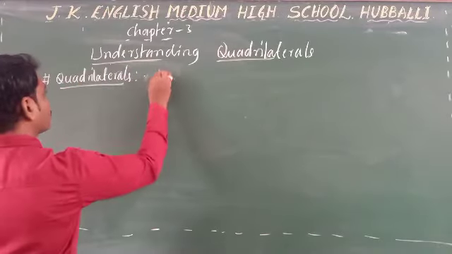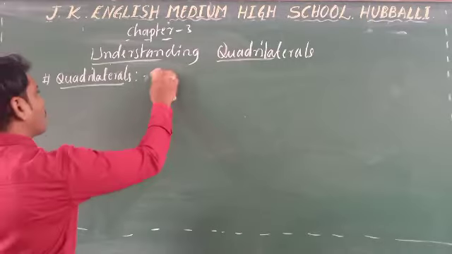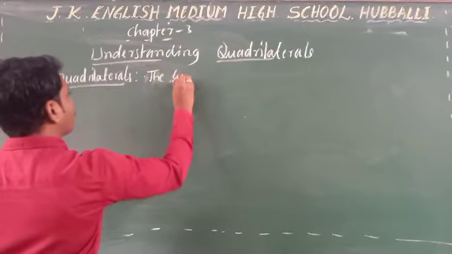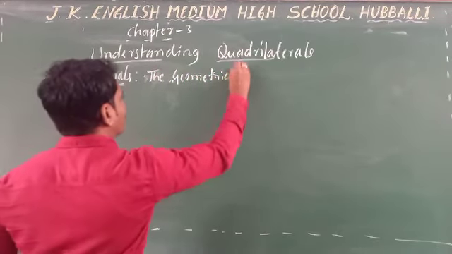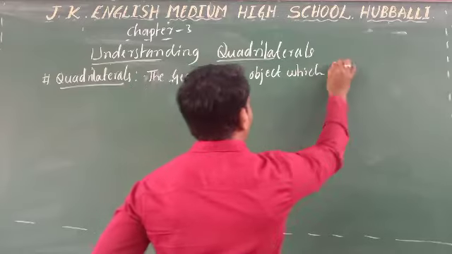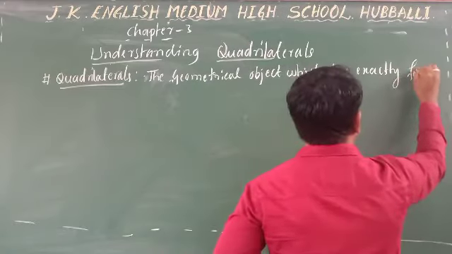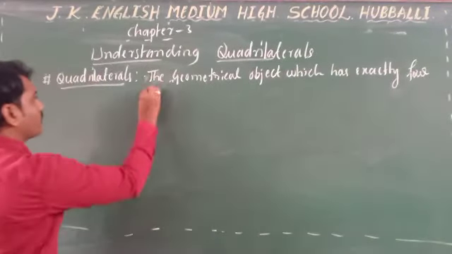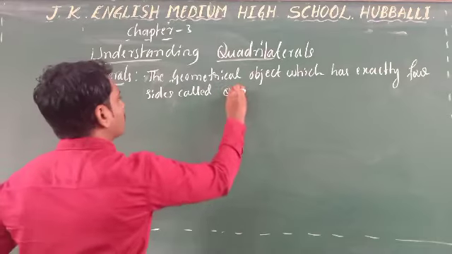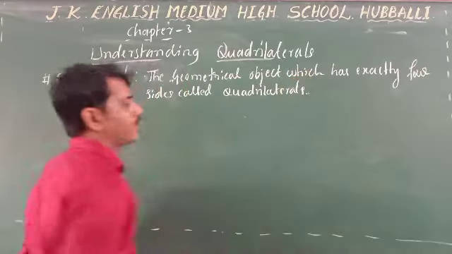Quadrilateral is a geometrical object which has exactly four sides, called quadrilaterals.